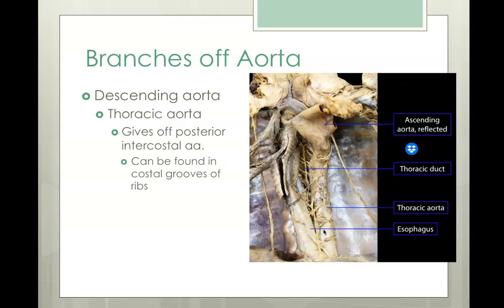And so here you're only really going to find extensions coming off called your posterior intercostal arteries. And remember that these can be found within the costal grooves of your ribs. So we would have to peel away some of the parietal pleura that would be found over here in order to see these posterior intercostal arteries.